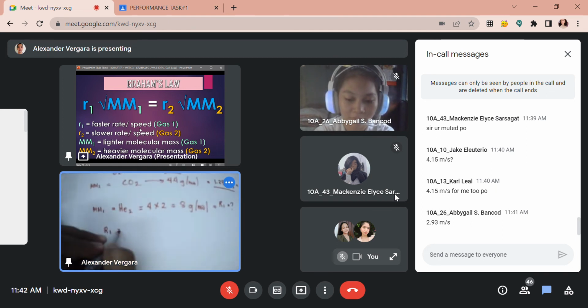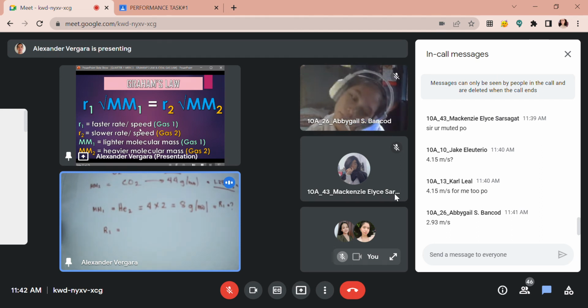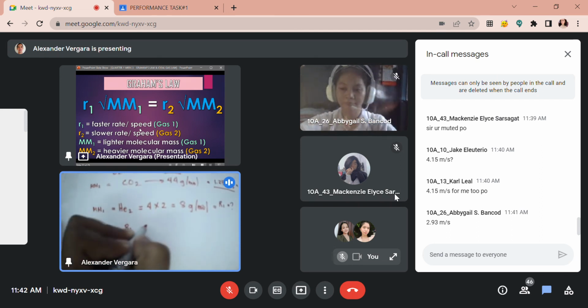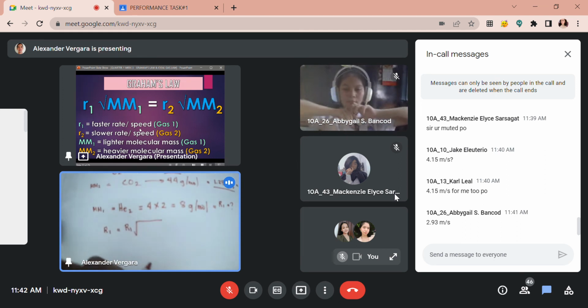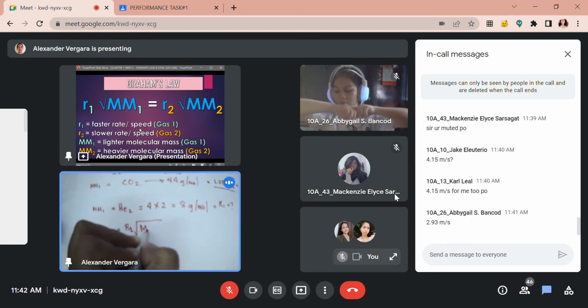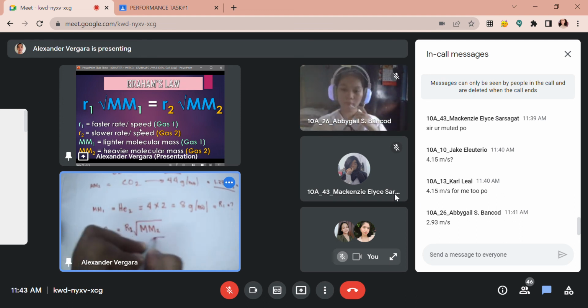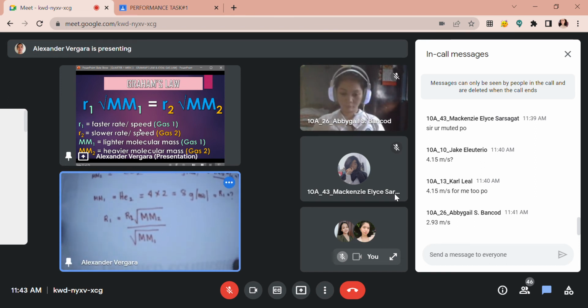What is the formula for R1? Just like the formula a while ago, R1 equals R2 multiplied by the square root of MM2 over the square root of MM1. Are you following? Now, let's substitute.